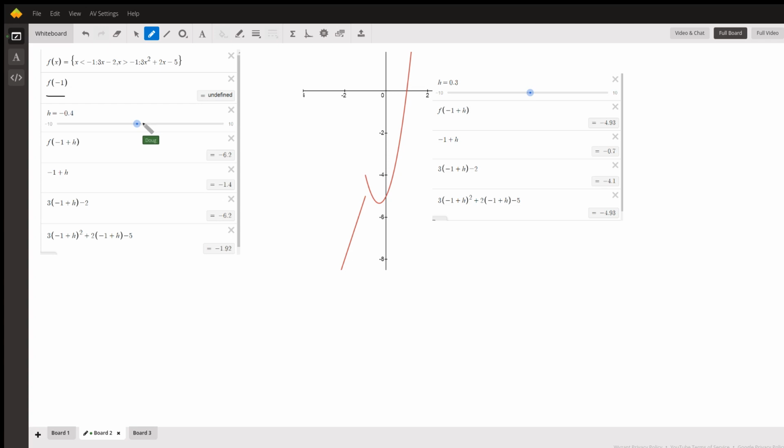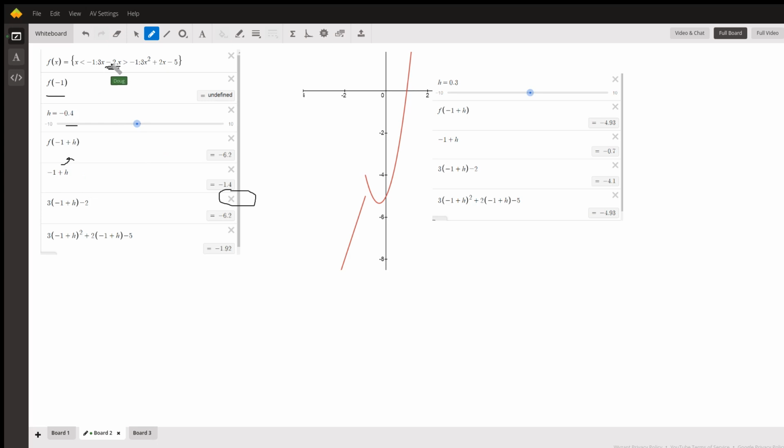When h is less than 0, some negative number, then -1 plus h is less than -1, because we're starting at -1 and adding on another negative number. And that means when we find f of -1 plus h, we will be using this rule, because the input to the piecewise function is less than -1.